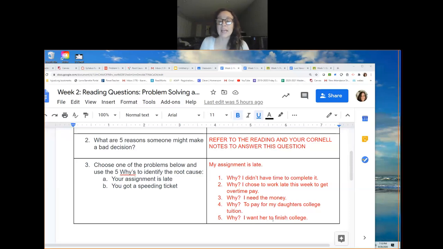One, I could have my daughter get a loan for her college tuition, and then I don't have to keep working late. If I don't want to do that, I can do my homework on the weekend, or I can do my assignment early so that I can get it done ahead of time before I have to work. There's many things I can do to solve this problem that I have of working late during the week and not being able to do my assignments.